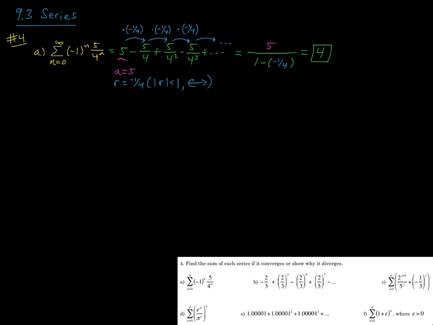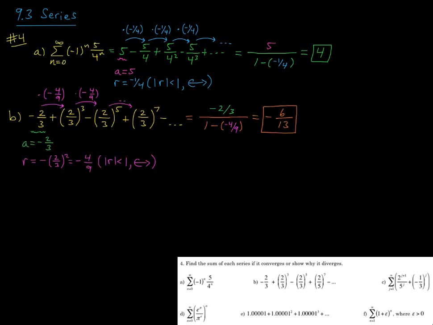All right. Part B, we've got -2/3 plus (2/3)^3 minus (2/3)^5 plus (2/3)^7, and so on and so forth. So here, notice we have a sign change, and this exponent is going up by 2 from term to term. So this is a geometric series with common ratio r, which is (-2/3) squared here, right?